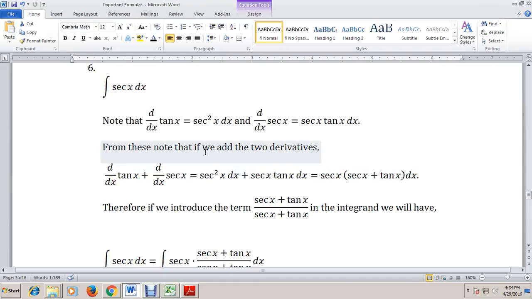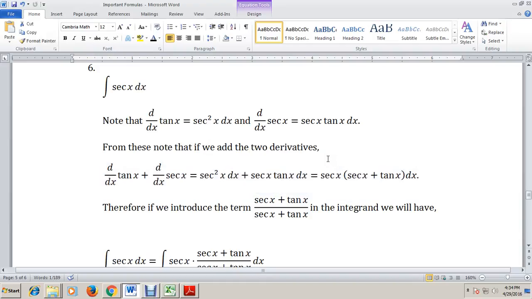Now from this, note that if we're going to add the two derivatives, derivative of tangent plus the derivative of secant, the result would be secant square x dx plus secant x tangent x. Secant x here is a common term. We could actually factor that out. So we can have secant x times secant x plus tangent x dx.